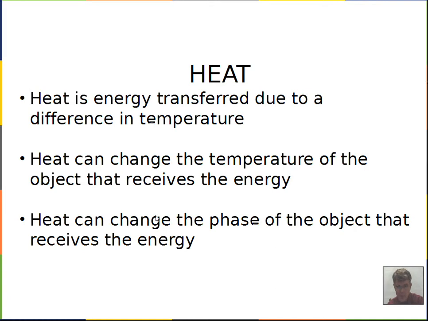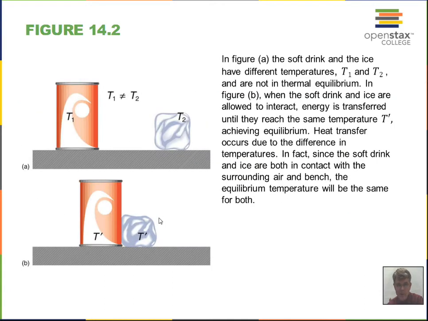But we're going to talk about energy going into a system or out of a system and calculate what happens to the system as a result. That's the theme here.